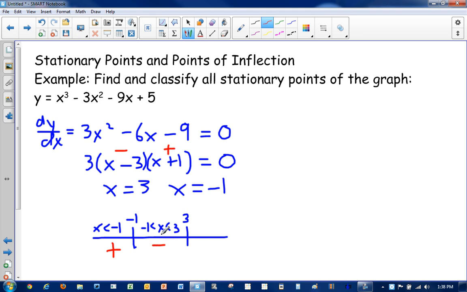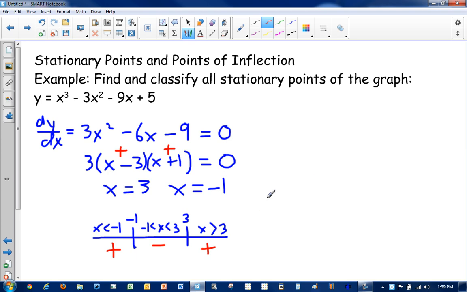So this function is decreasing everywhere between negative 1 and 3. And then let's look at what's going on after 3. I'll pick a number like 4. 4 minus 3 is now positive, and 4 plus 1 is still positive, so I have 3 times a positive, and that is positive. That means that this function is increasing everywhere after x equals 3.